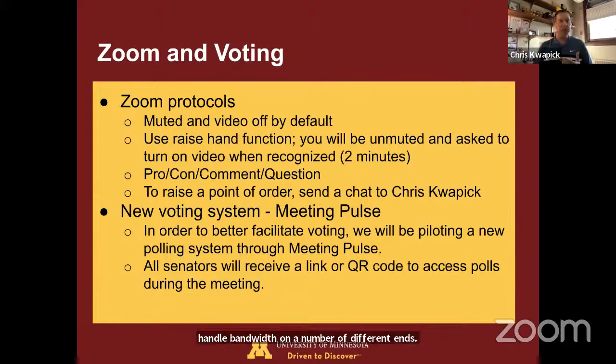When the chair asks for senator questions or comments, we ask that you use the raise hand function. Once the chair recognizes you, myself as host will unmute you and we'll ask you to turn on your video when recognized, at which point you'll have usually 2 minutes to make your comments.